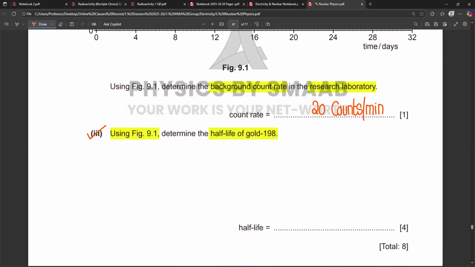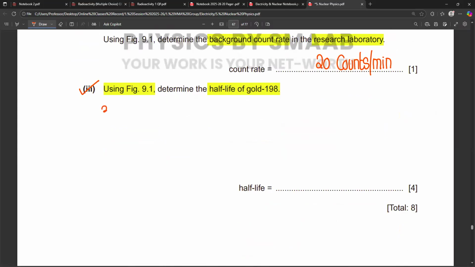So first of all, we have to subtract the background radiation from 390, to get the original value of the gold, which is radioactive, in counts per minute.